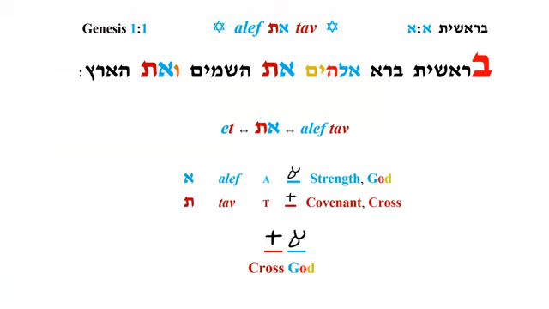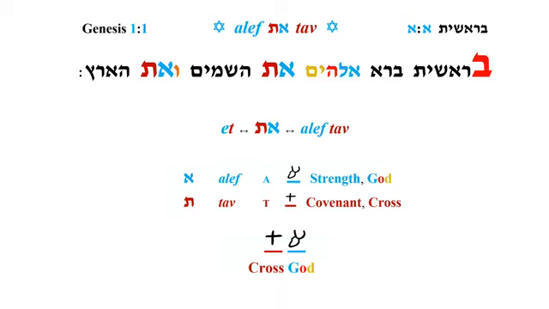And tav, we said, was the covenant or a cross. So the letters aleph tav is God on the cross. Wow. I don't know how that's going to apply here, but that's a pretty bold word if that's what it is, God on the cross. Notice where aleph sits in the sentence. It sits at the right hand of Elohim.